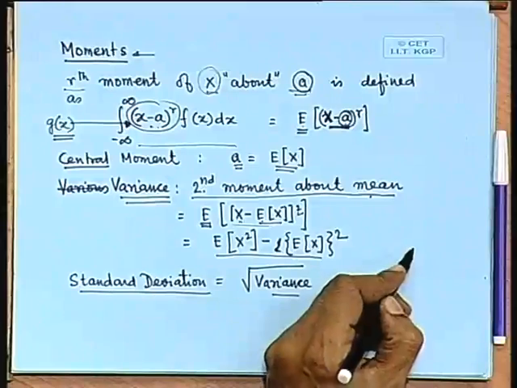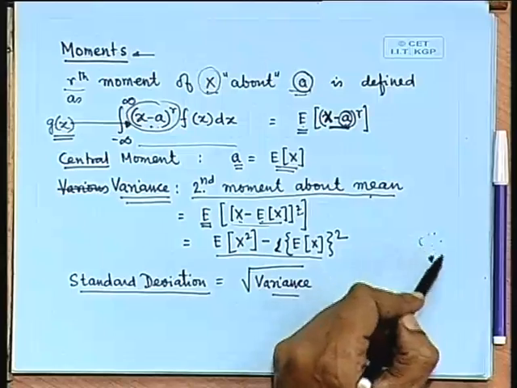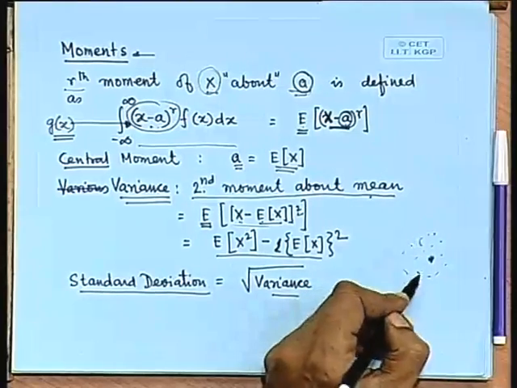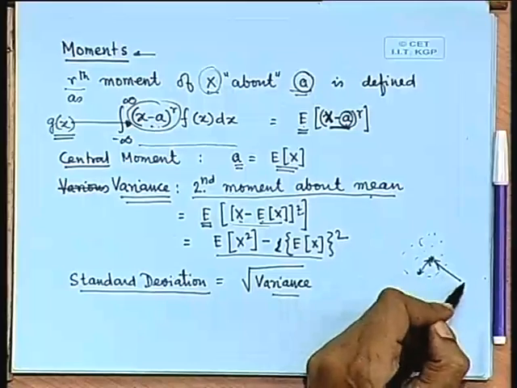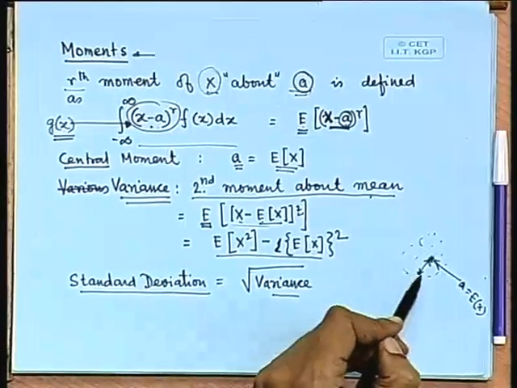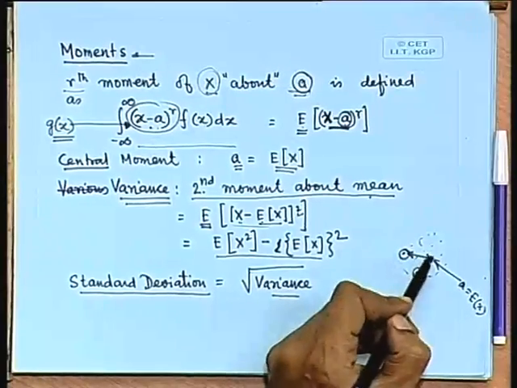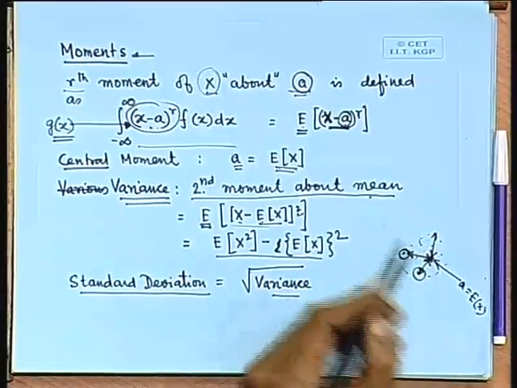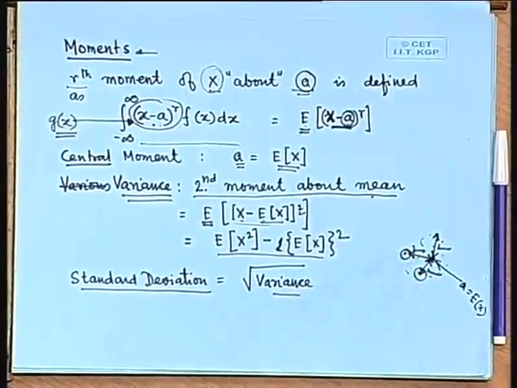So, it has an expected value somewhere and it takes values around it. For every value it has some x minus a, where a is equal to expectation of x. For every value that x takes, there is a dispersion, a distance.